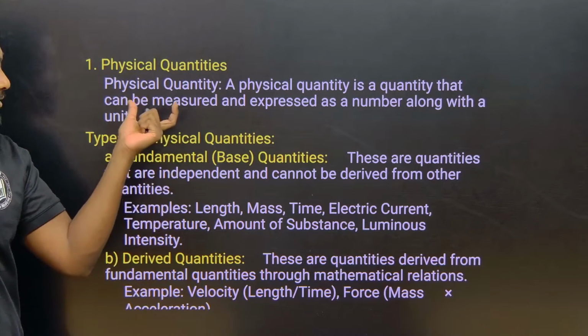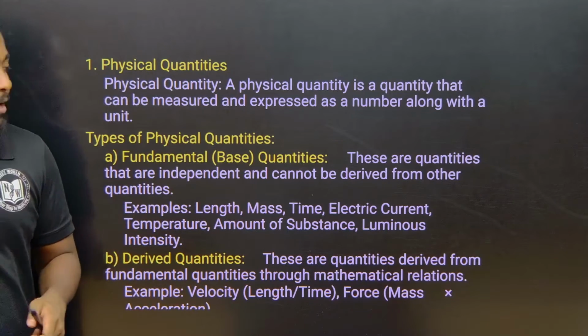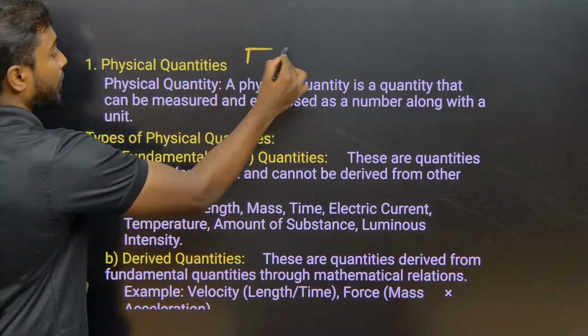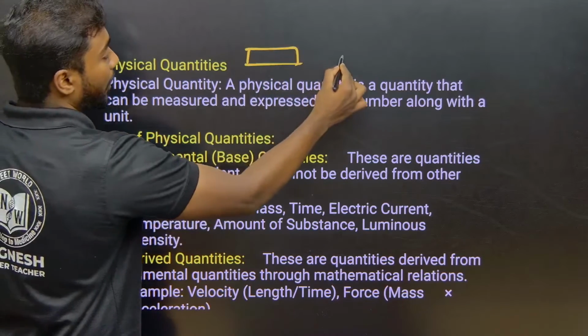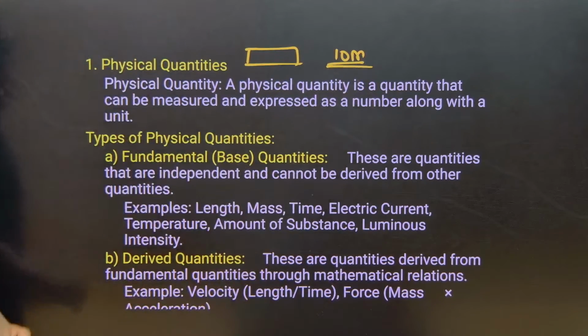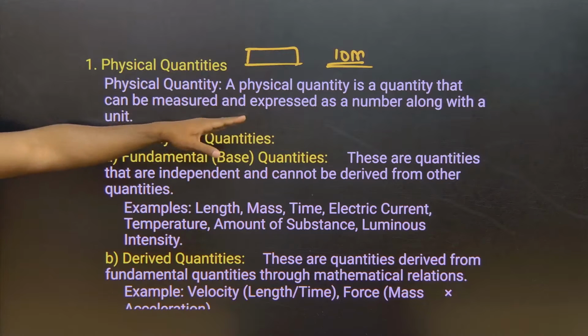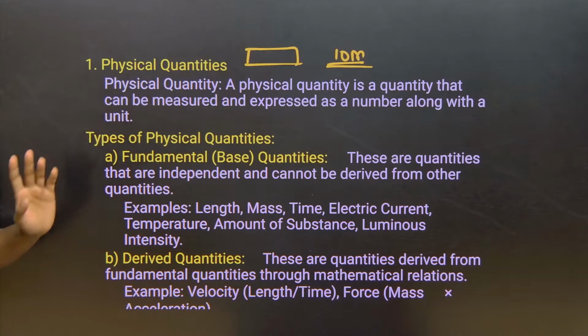If I measure, like say the unit, those are said as physical quantities. Like if I take an object, if I measure this object, that is 10 meter. So I can say that object is a physical quantity.